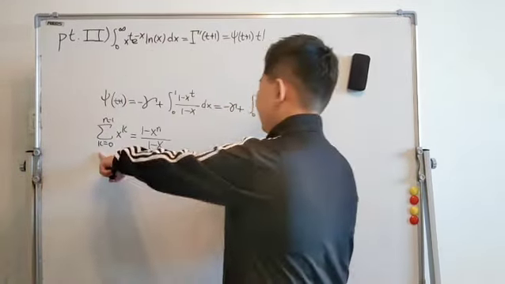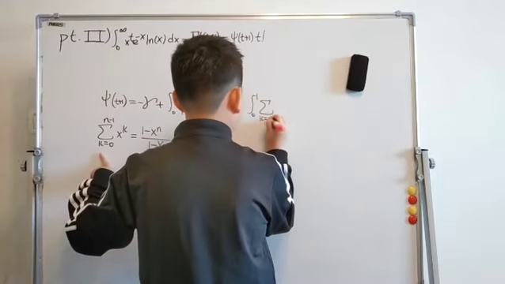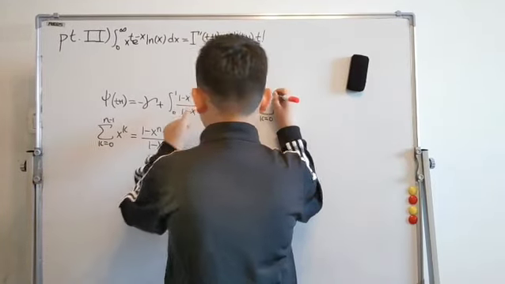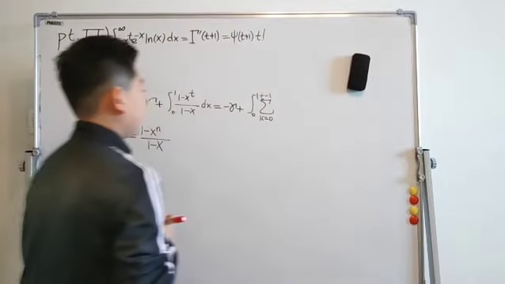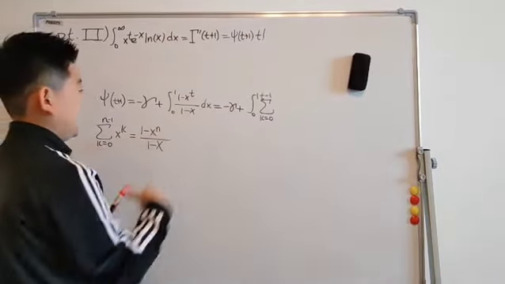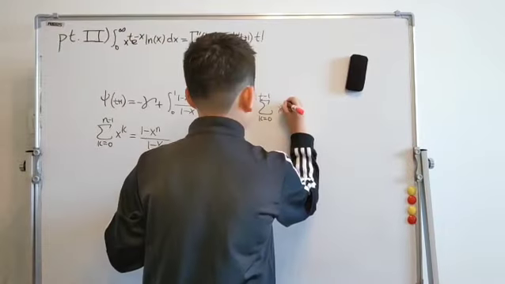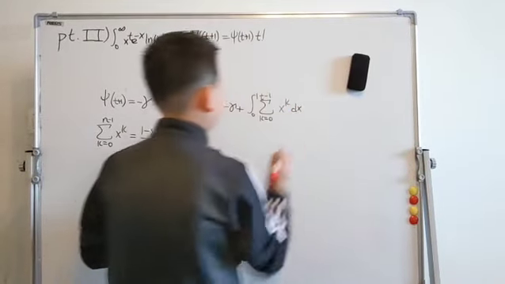This is going to be a finite sum, k equal to 0 to t minus 1, of x to the k dx.